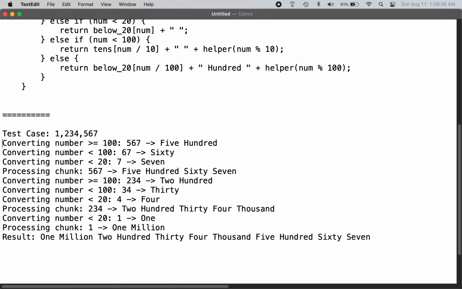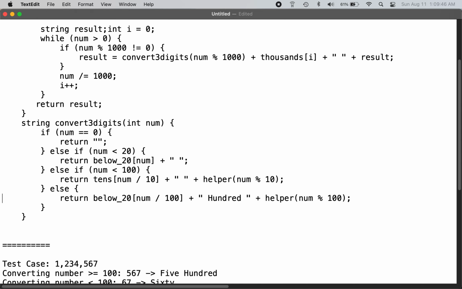Because of that, you can chunk the number into three digits and use a function, convert 3 digits, to convert the hundreds place. In this one, you convert 567, and this one is 234.